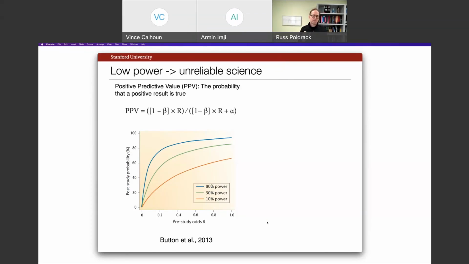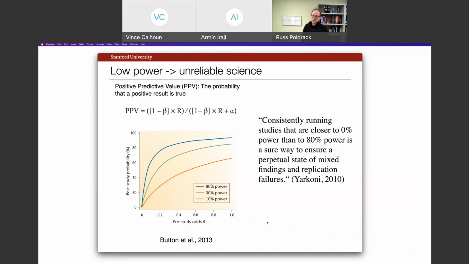This is the likelihood that if you get a positive result, it's a true positive as opposed to a false positive. So it's conditionalizing over just the positive results rather than over all results, like the type 1 error does. And what they showed is that depending on your prior odds, even when you have a significant result, the likelihood of the finding being true can be very small because of that low power.